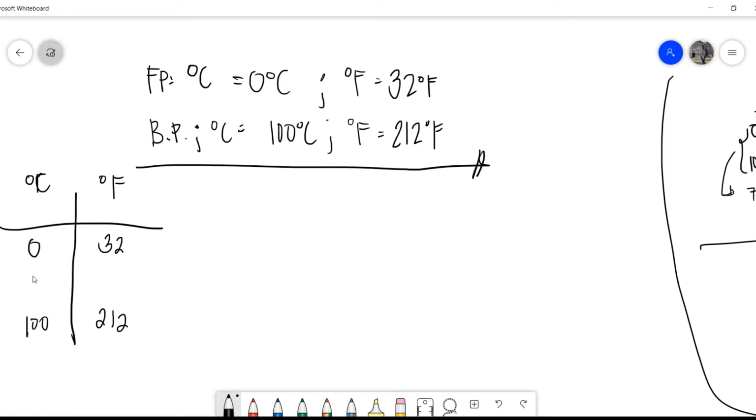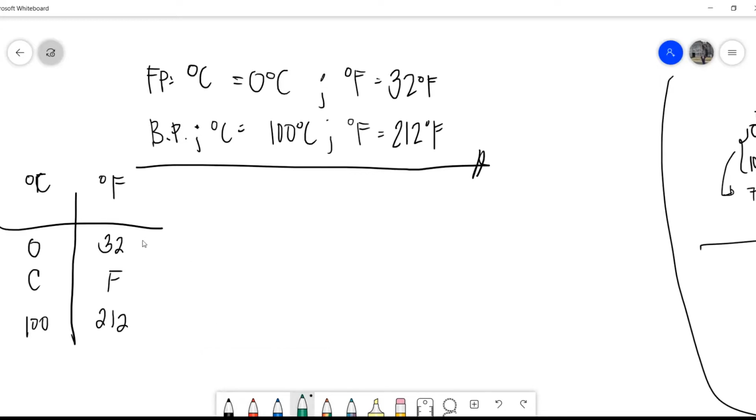For example, we want to find the degree C temperature at a certain degree F temperature. So we use interpolation.